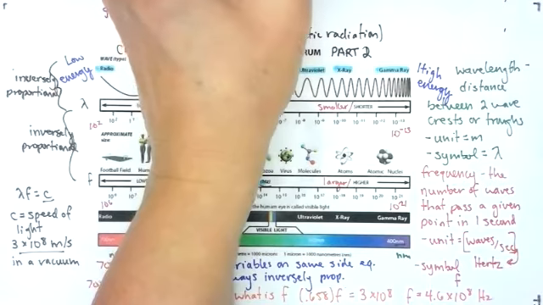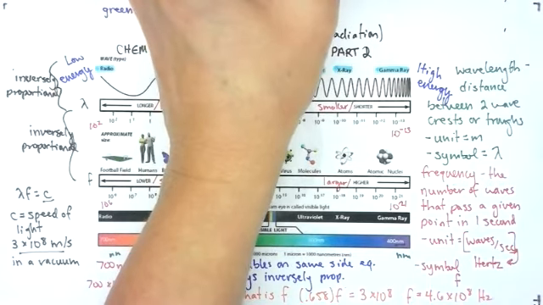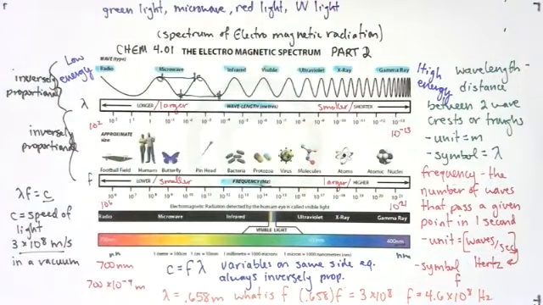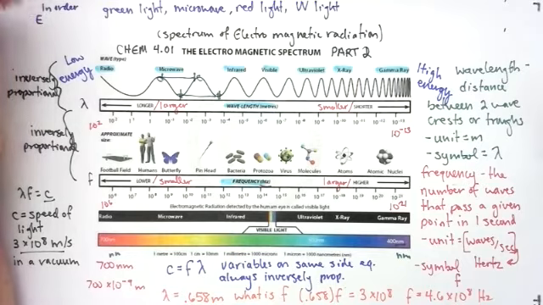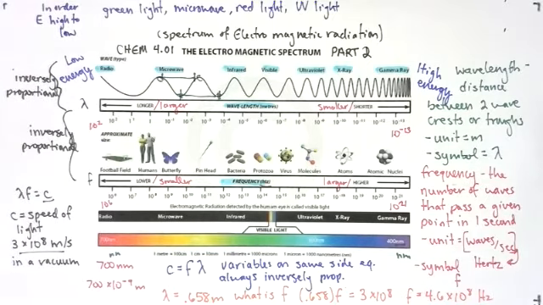And let's do UV light. So if I said put these in order of energy, highest to lowest, could you do that? Okay, take a crack at it. Pause the video if you need to.